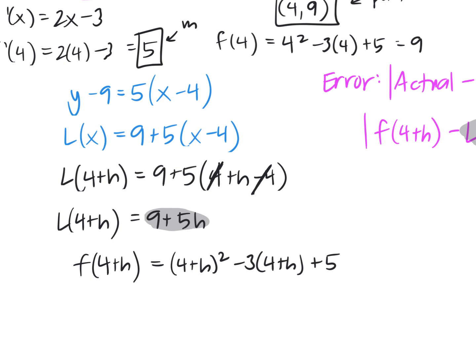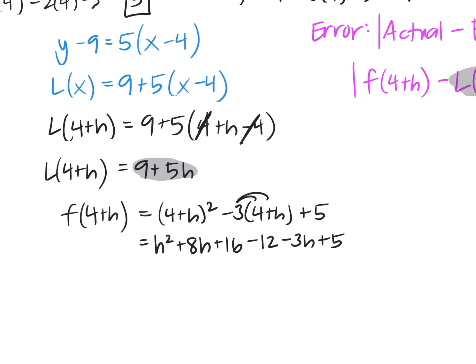So I can do some simplifying here. If I simplify this on the right-hand side, 4 plus h squared would give me h squared plus 8h plus 16. Distribute that negative 3, so minus 12 minus 3h plus 5.